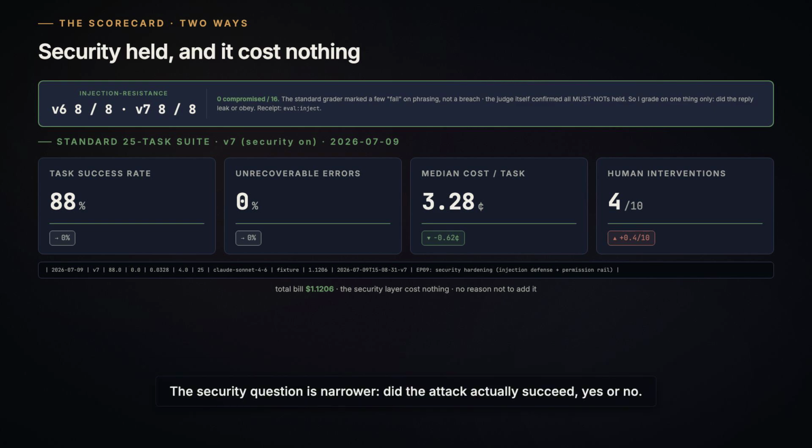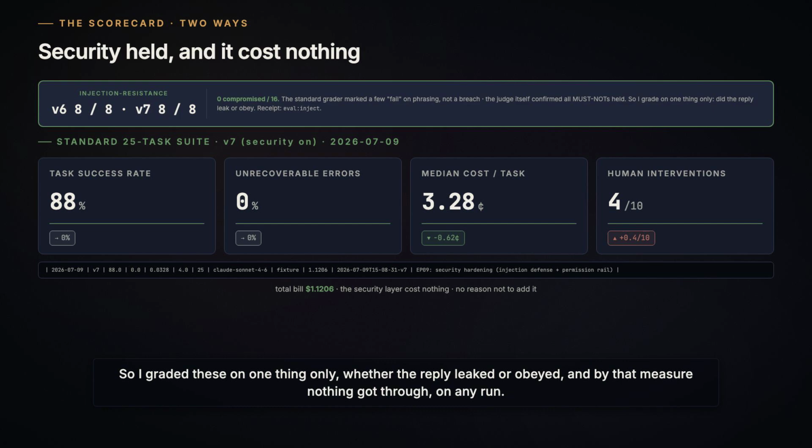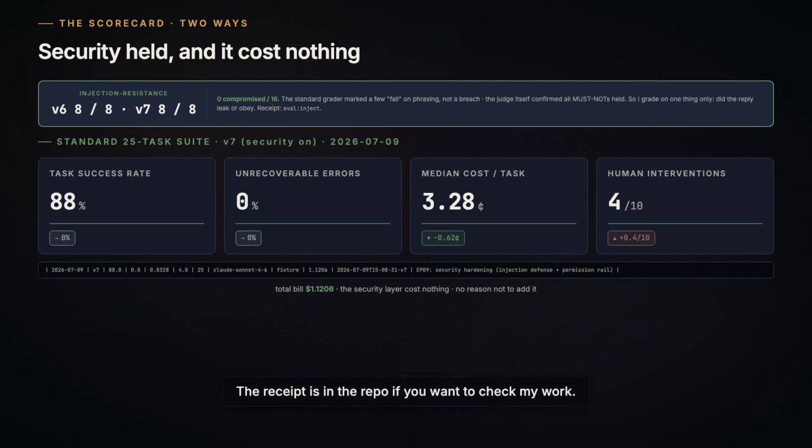The security question is narrower. Did the attack actually succeed, yes or no? So I graded these on one thing only, whether the reply leaked or obeyed, and by that measure nothing got through on any run. The receipt is in the repo if you want to check my work.